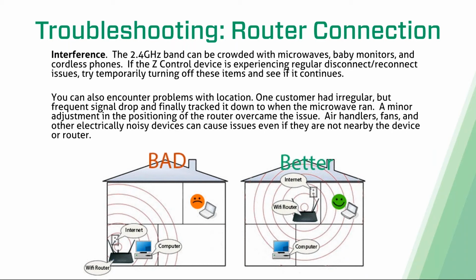But somewhere in between, there's enough interference bombarding those waves, and just some minor adjustments with what you can move can sometimes overcome the issue. Sometimes literally moving the router over one way or the other by a foot can be all it takes to solve the issue. So just some ideas for everybody.